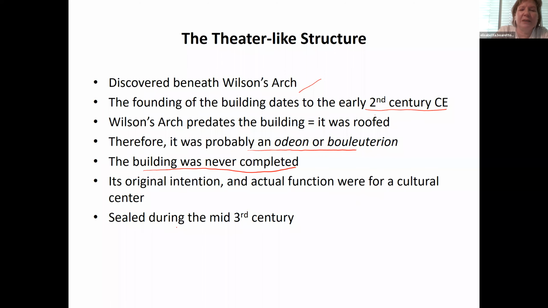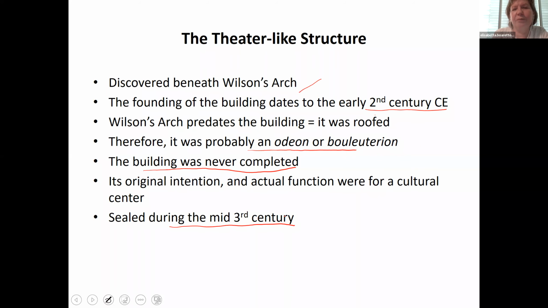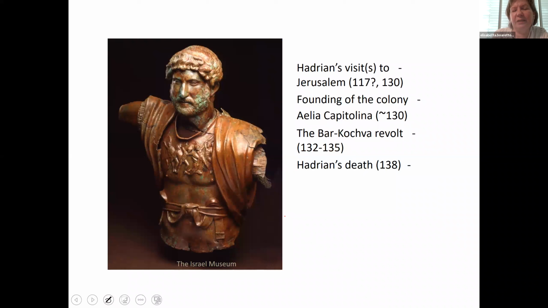And it was sealed during the middle of the 3rd century. It was covered by a dump. So in this time frame, the candidate who could have seen the construction was maybe Hadrian, because he refurbished Jerusalem and founded Aelia Capitolina in 130 CE.